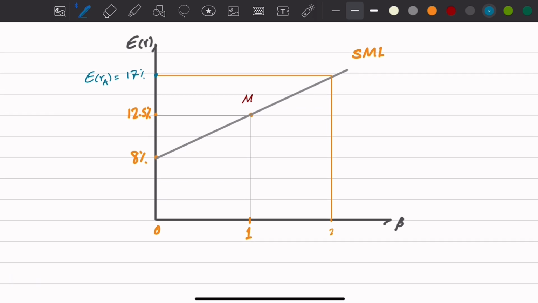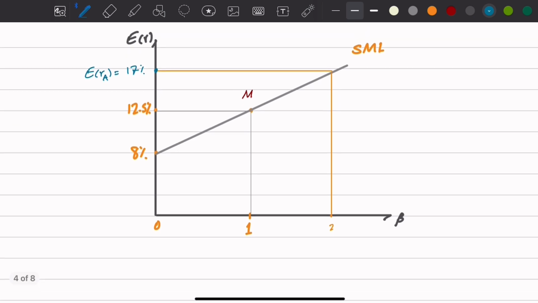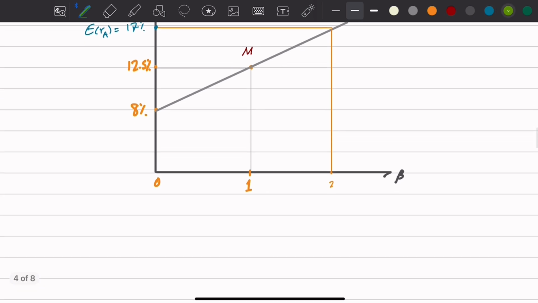Now, aside from drawing this, I'm also going to calculate it using CAPM. So for each of them, let's do it first for the aggressive stock before we move on. We'll see what would be the expected return on the aggressive stock using CAPM.